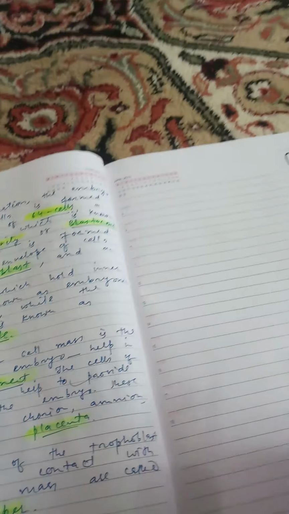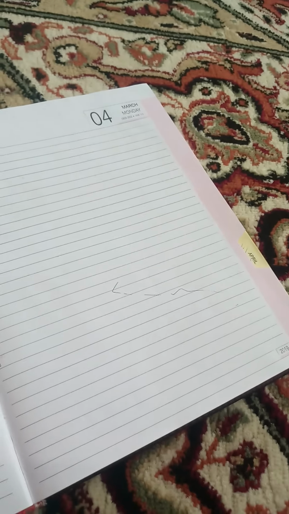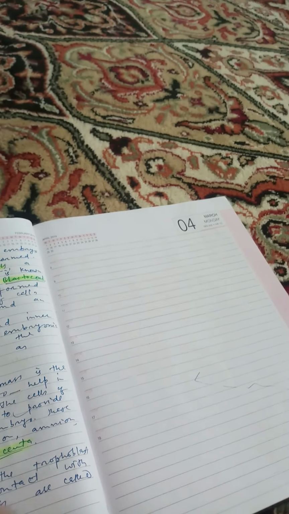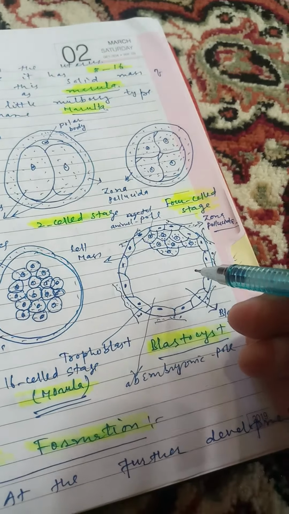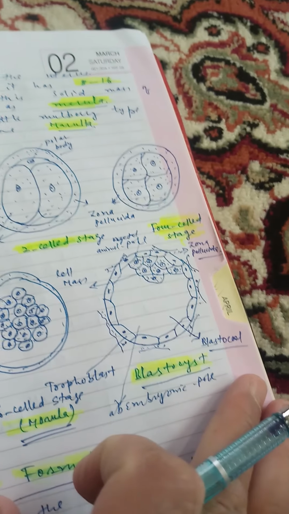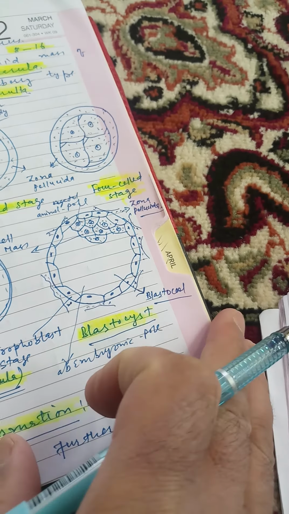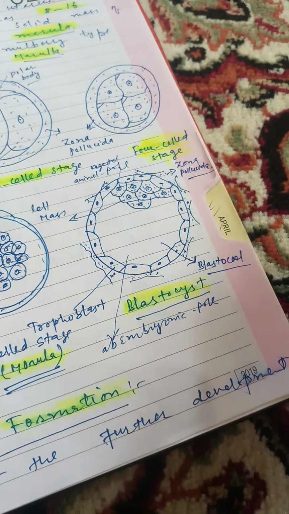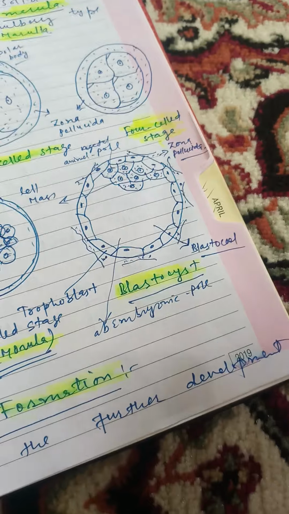And one more thing: these trophoblasts, at one end, provide nutrition to the developing embryo, and at the same time they also help in the formation of the placenta, chorion and amnion. And what are chorion, amnion and placenta? We will read about these things in the coming class.